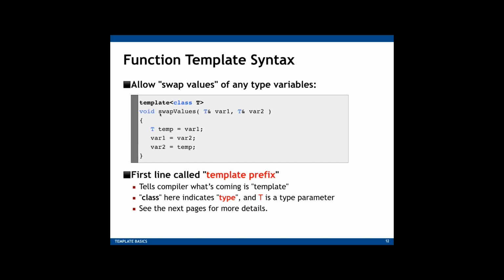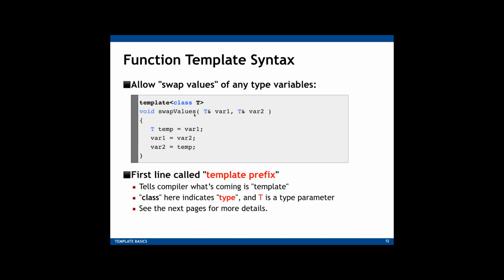So the swap value functions become function templates. And T here is a type parameter, and we use T instead of int or char here.